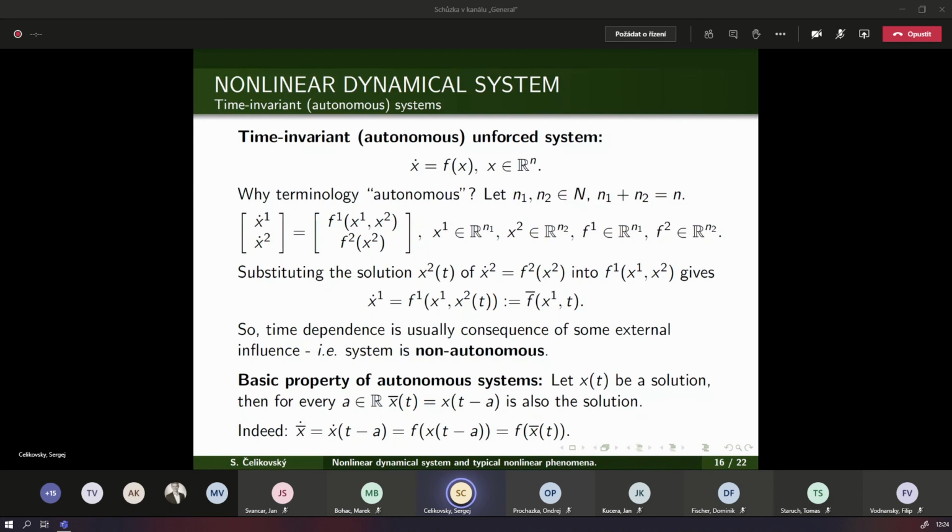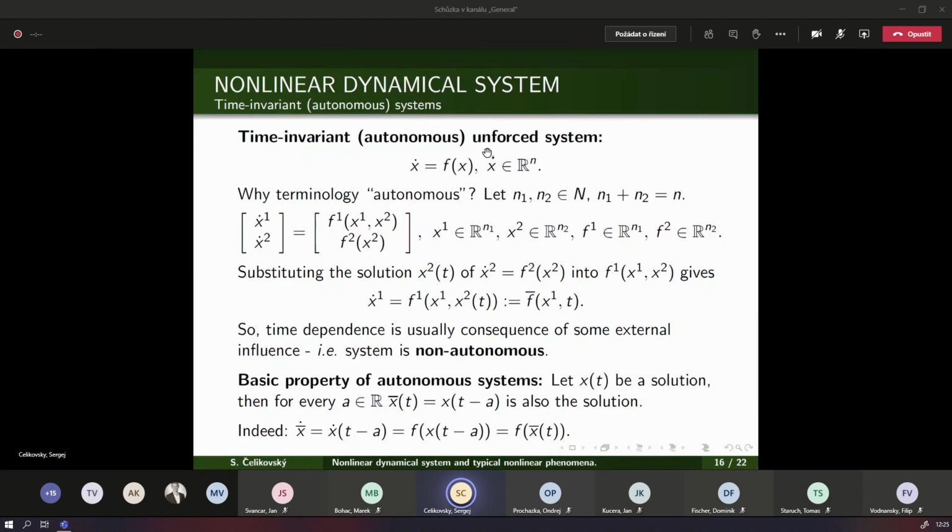You perhaps know the terminology time invariant. But more interesting is that you may also meet the term autonomous. Why? The fact that t is not present here is called autonomous, which simply means something which is independent of external influence.